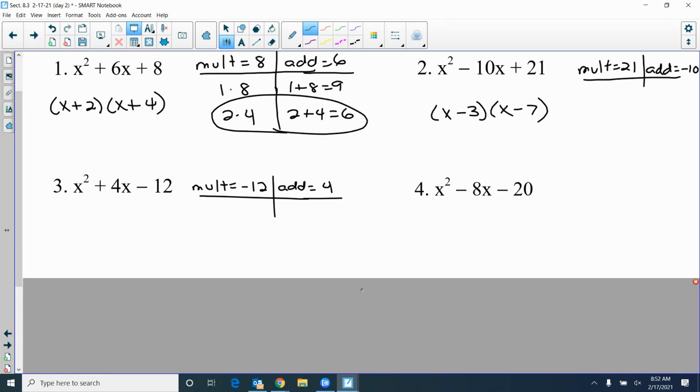Multiply to get -12, add to get 4. Sam? Would it be -2, 6? So -2 times 6 is -12, and -2 plus 6 is +4. So yes, it would have to be x minus 2, x plus 6. Since they have to add to get positive, the bigger number has to be positive. But they still have to be one positive, one negative.